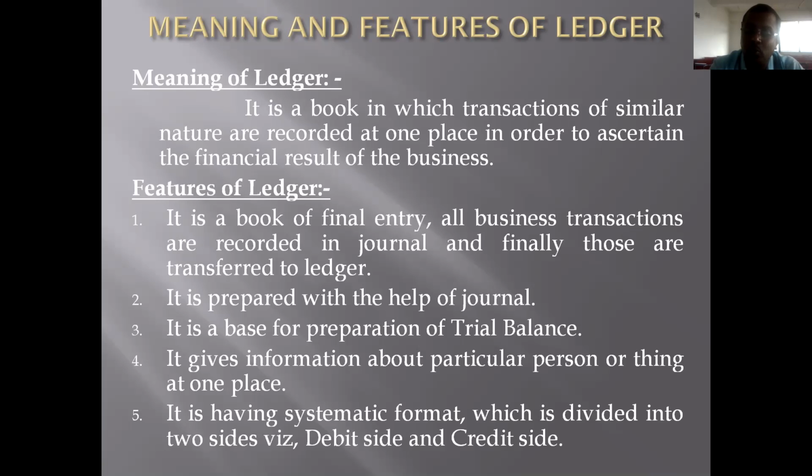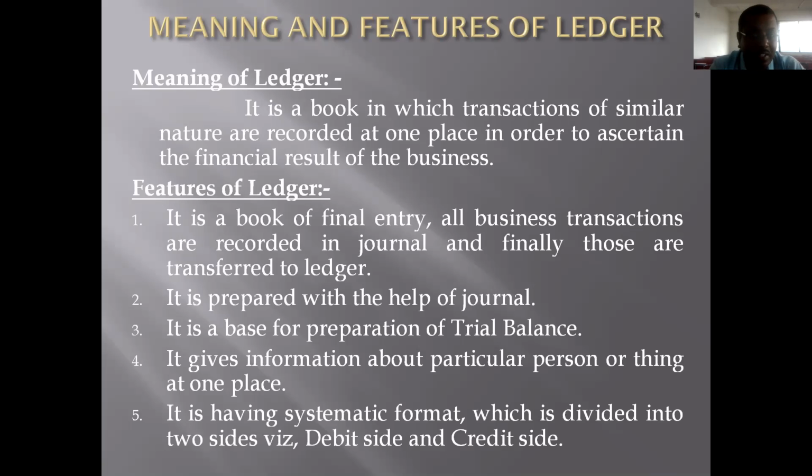Then the third feature is that it is the base for preparation of trial balance, meaning journal is the base for preparation of ledger and ledger is the base for preparation of trial balance.